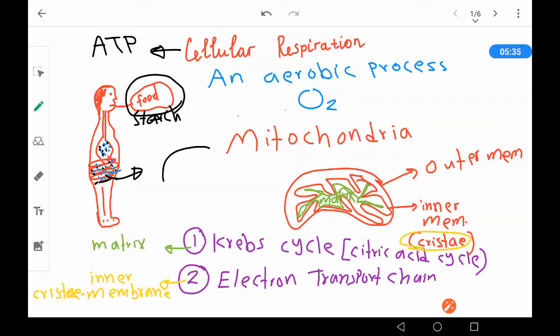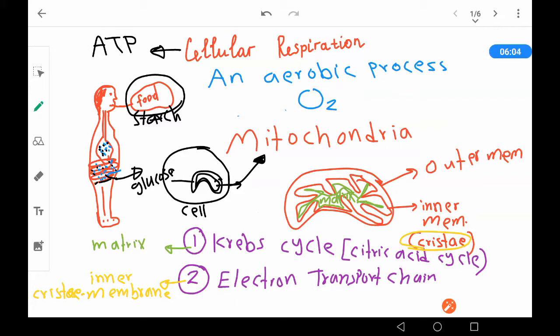So now we have glucose moving to the body cell. This is a cell that contains a mitochondria. This is the mitochondria, let me draw it here. So the glucose will arrive inside the cell.